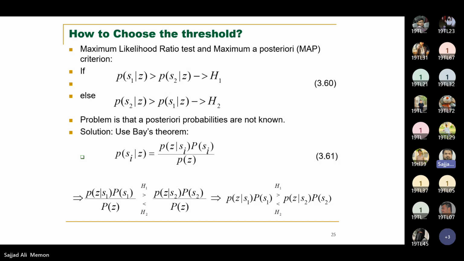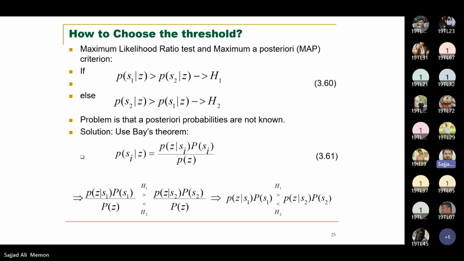So we have two hypotheses, H1 and H2. If the probability of having S1 in the test statistic signal, that is Z, a test sample Z, is greater than the probability of having S2 in Z, then we will choose hypothesis 1.